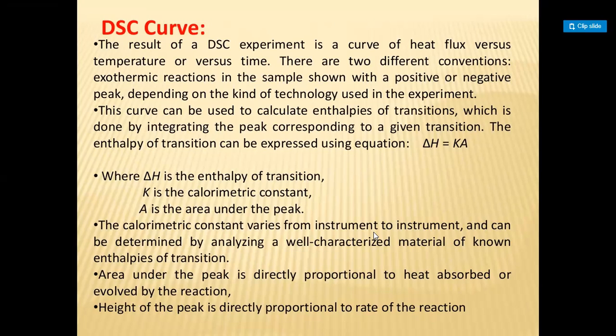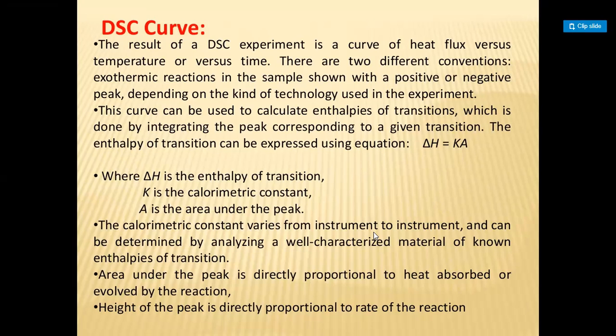The curve can be used to calculate enthalpies of transition, which is done by integrating the peak corresponding to a given transition. The enthalpy of transition can be expressed using the equation delta H = KA, where delta H is the enthalpy of transition, K is the calorimetric constant, and A is the area under the curve.